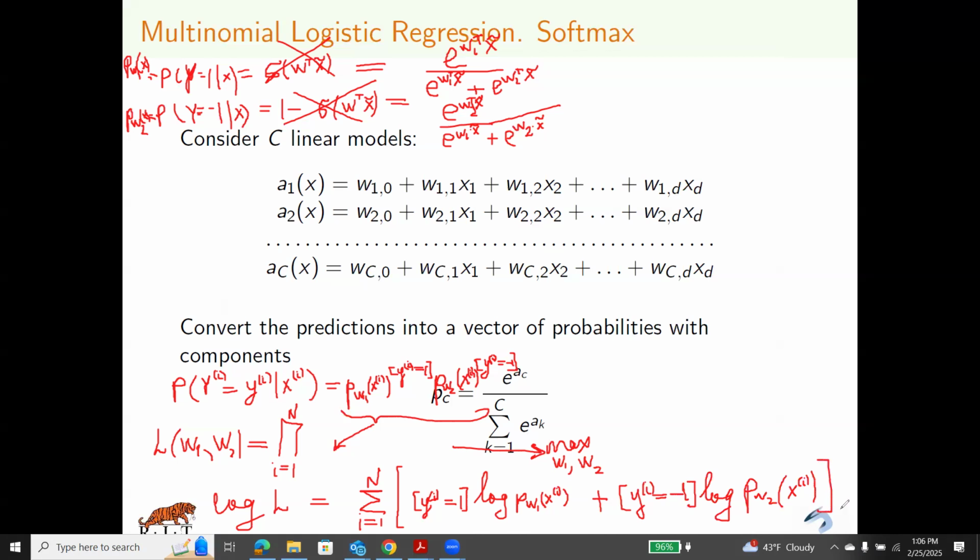And we want to maximize this sum. To write the loss function, we will just write negative sign and minimize.